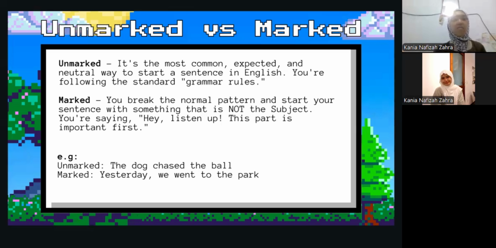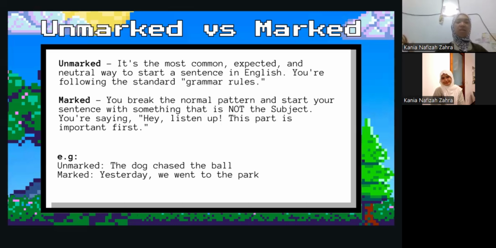Meanwhile, marked, you break the normal pattern and start the sentence with something that is not the subject. For example, at the bottom we have the example. Unmarked is the normal one. Simple? Okay. For example, the dog chased the ball.